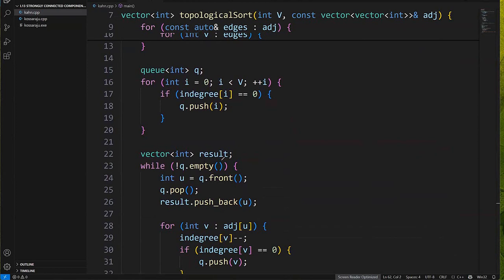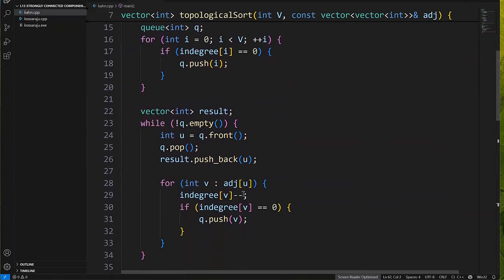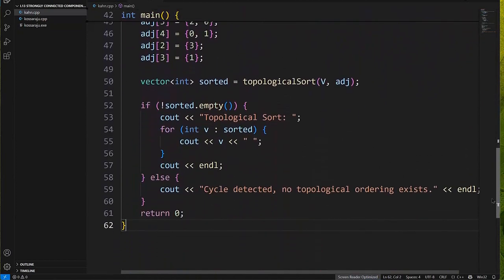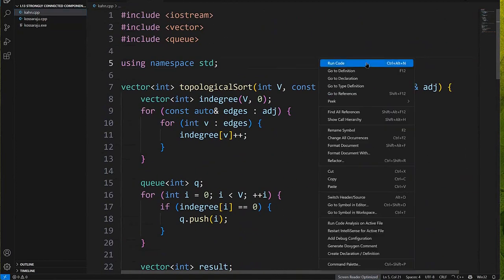And then you change the incoming edge counts, and continue to do that to reduce the incoming edges. And then push in if the incoming edge count becomes 0. Any node that has no incoming edge, you push it into the queue. So by doing that, the queue would eventually get all of the nodes in topological sorting order. So this is considered an easy algorithm, this Kahn's algorithm. Okay, let's run it.